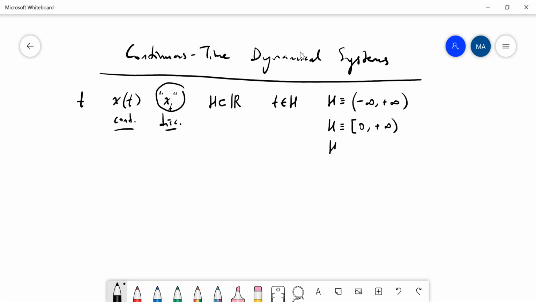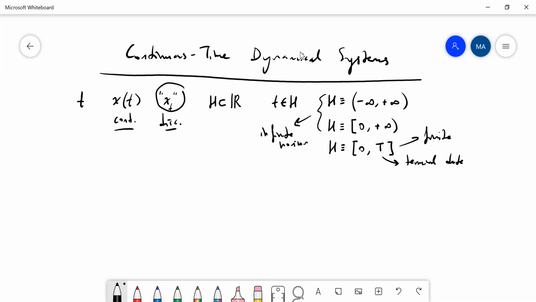And sometimes we want to work with models where there is a particular terminal date. So these are infinite horizon models, right? Infinite horizon. And here we have finite horizon. Okay.